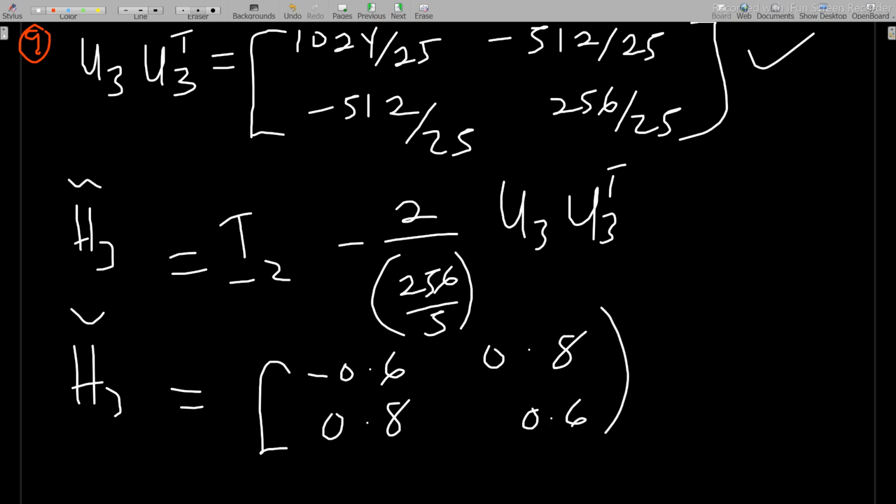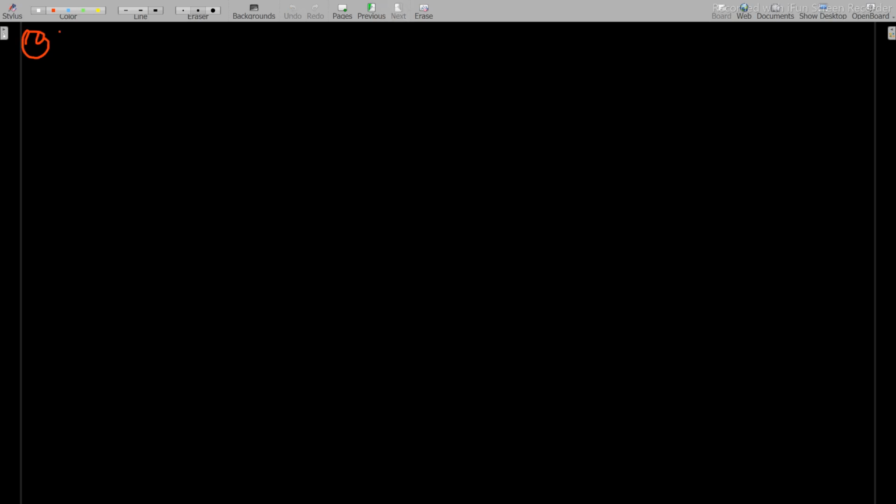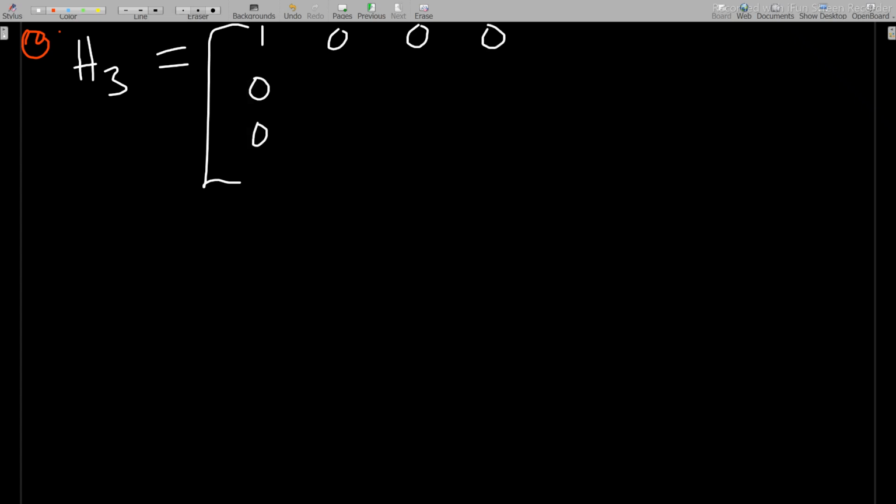Okay, so it means I come here to a 4x4. Initially we start with a 4x4, so I start with a 4x4 identity matrix. So the real h3, what you do is write your identity 4x4 like this, 1 0 0 0 0.